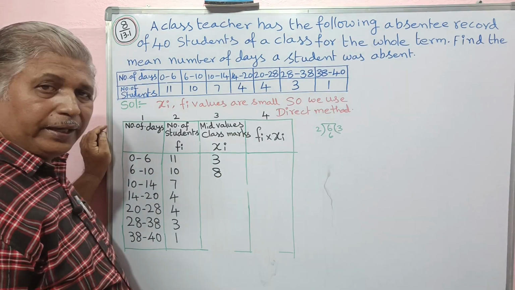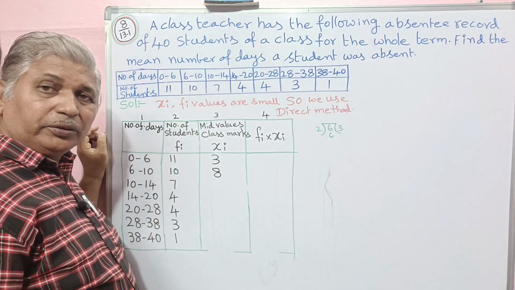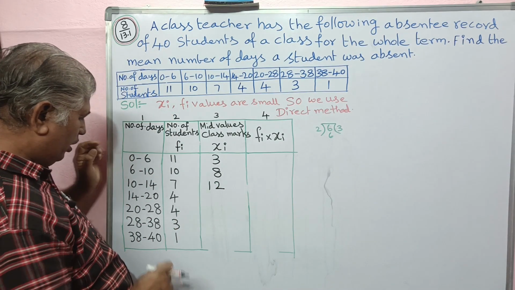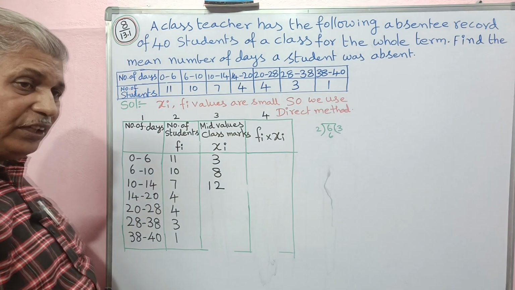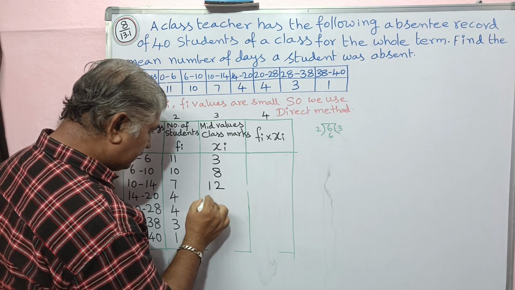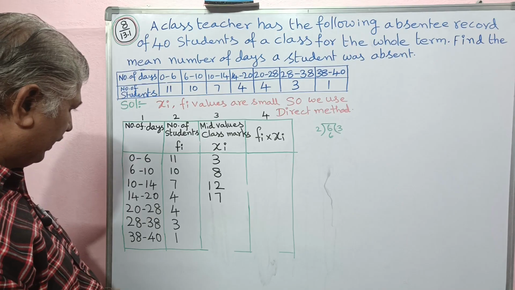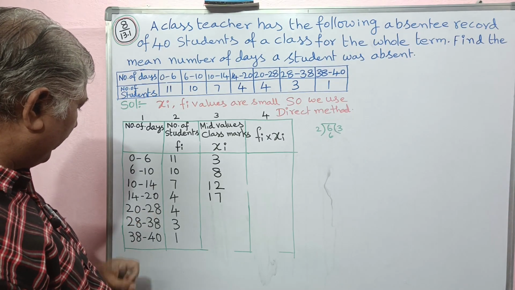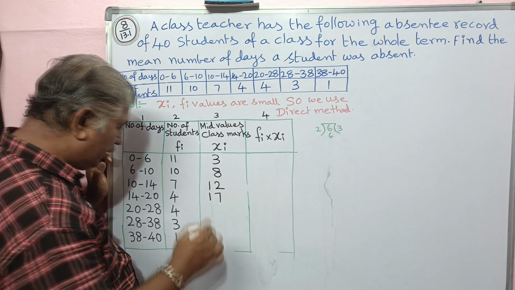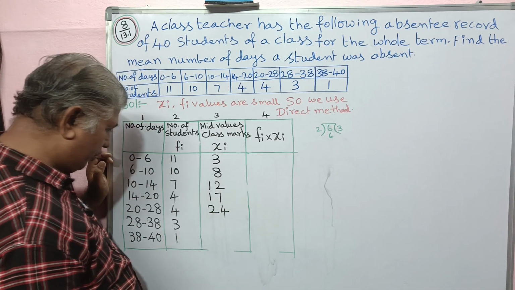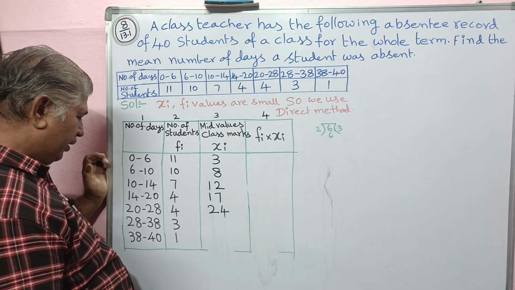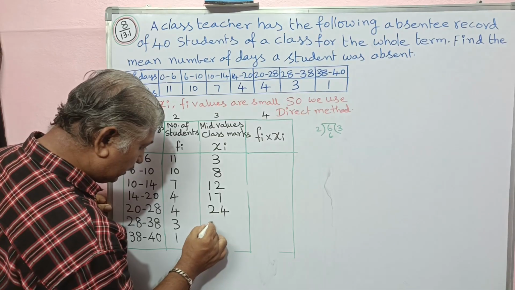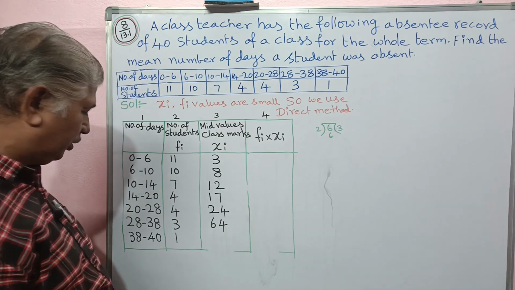10 plus 14 is equal to 24. 24 by 2 is equal to 12. 14 plus 20 is 34, 34 by 2 is 17. 20 plus 28 is 48, and half of 48 is 24. 28 plus 38 is 68, half of 68 is equal to 34.